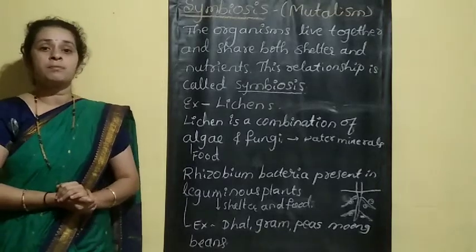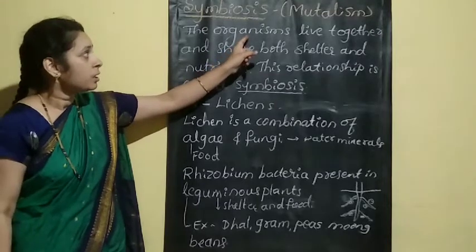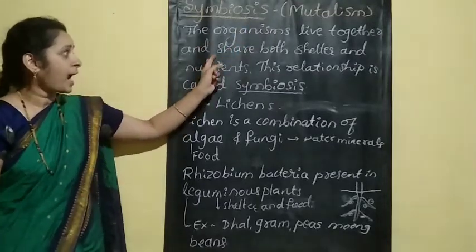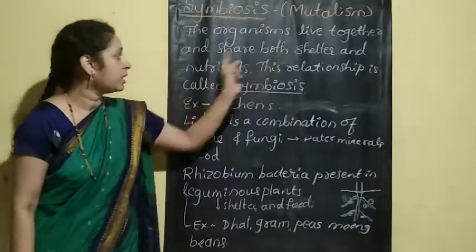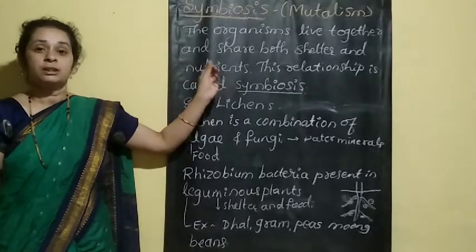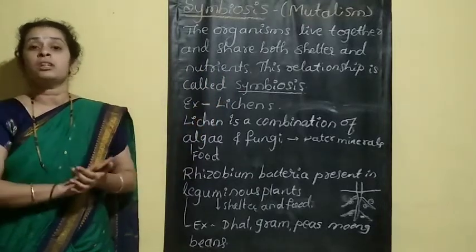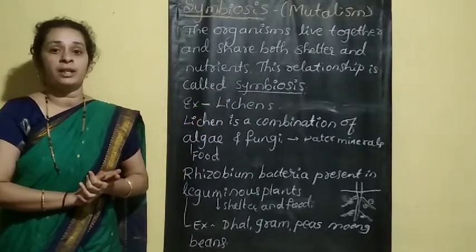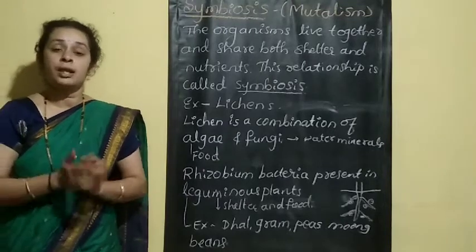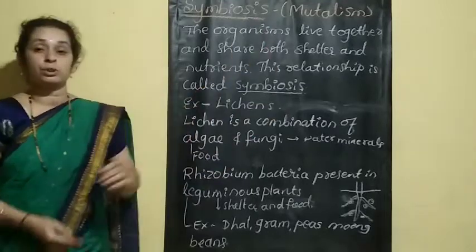What is the meaning of symbiosis or mutualism? The organisms live together and share both shelter and nutrients. Both organisms are mutually benefited, so it is called mutualism.